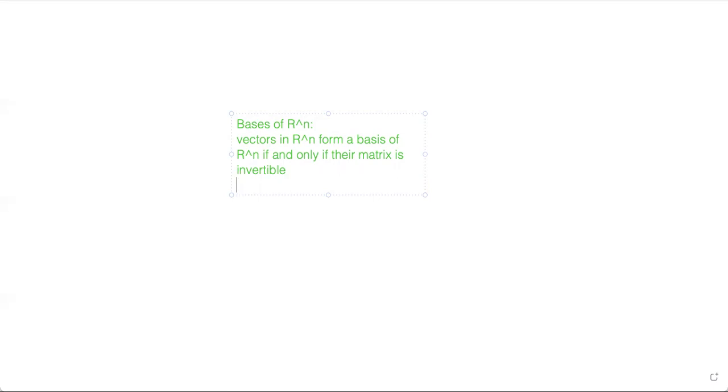So we already know that the vectors are a basis of Rn if and only if every vector in Rn can be written uniquely as a linear combination of the vectors V1 through Vm, right? And a way that we can write that out is like this.